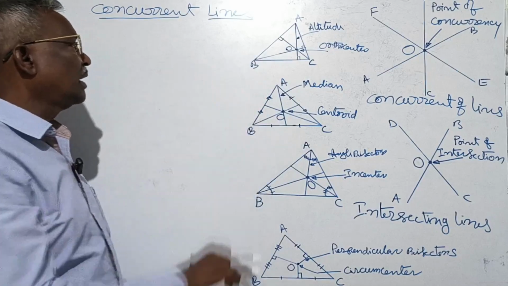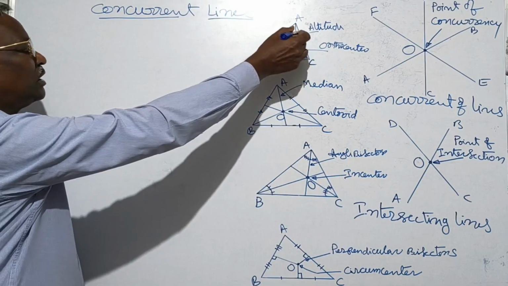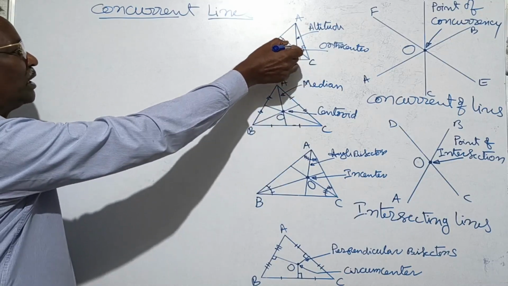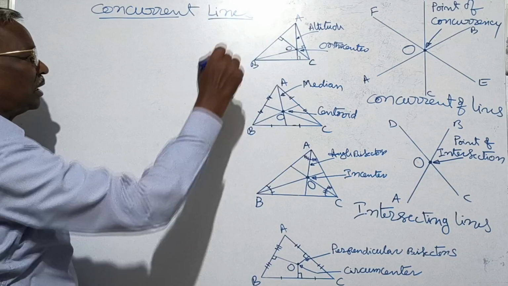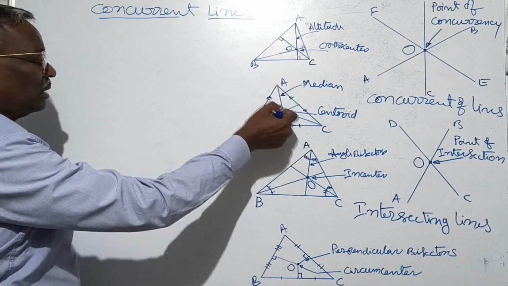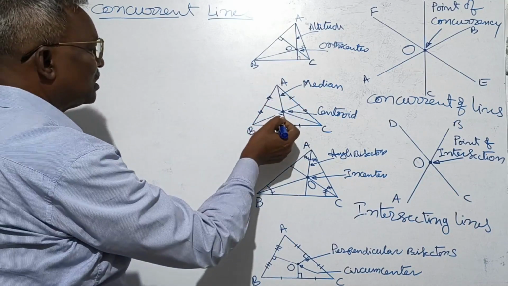For concurrency of lines, particularly in a triangle, altitudes perpendicular to the opposite sides meet together at one point, that is concurrent lines. In a triangle, medians meet together at one point, that is concurrency of medians.